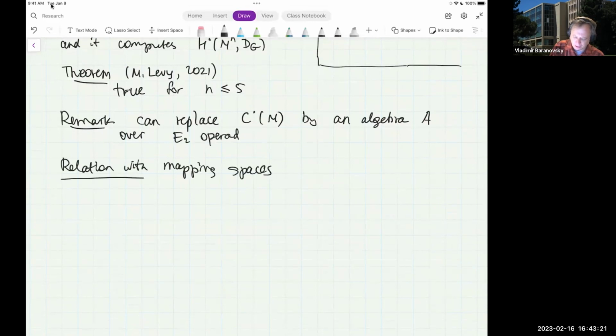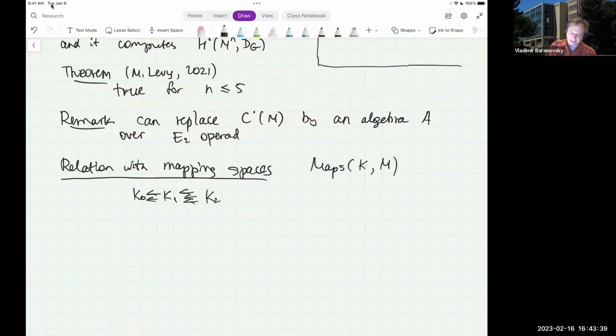Suppose we wanted to look at maps from a simplicial complex K into our target manifold M. The simplicial complex will have sets of vertices, edges, and then the usual arrows between them. Then we could look at the maps from vertices into M, and that's obviously a Cartesian power. And because maps are contravariant, the arrows would reverse.